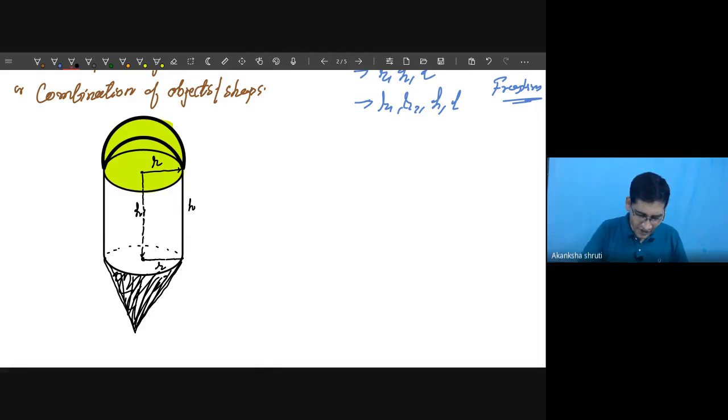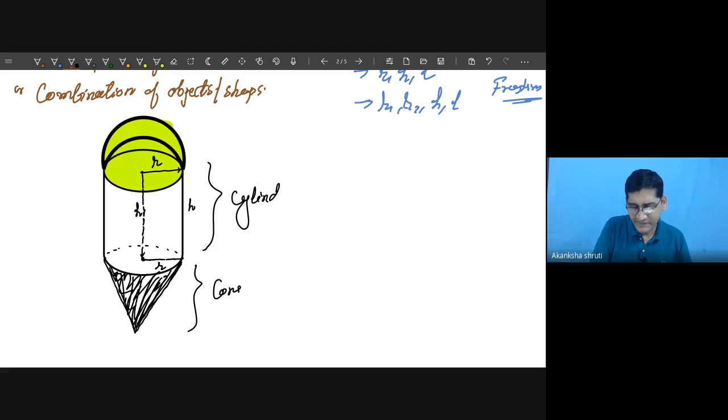What to do? Again, you have to divide it into the basic known shapes: one part is our cone, another from here to here is our cylinder, and this top one is our sphere. It is basically the hemisphere, half of the sphere.